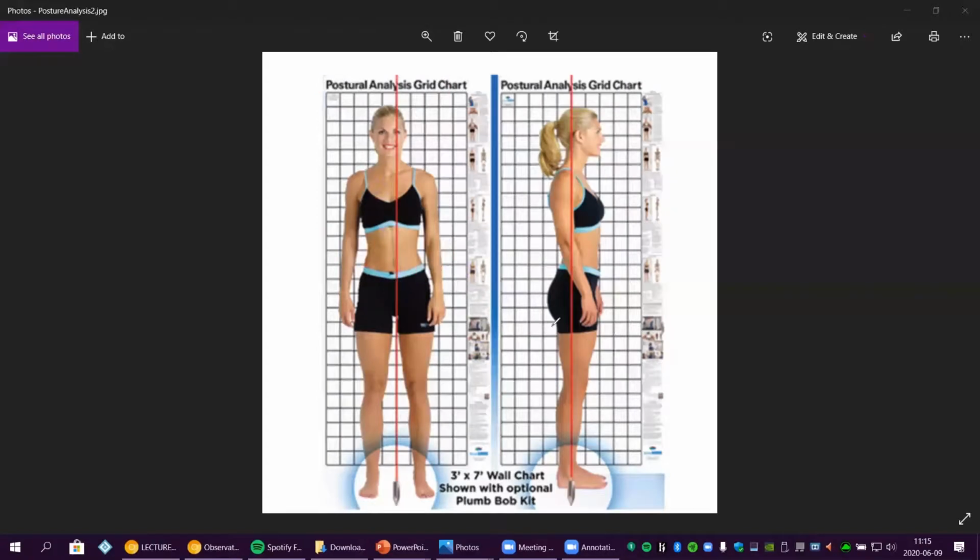So let's come down here. We're going to use her abs and her back, for example. So she's got a curve going like this, right? She's got a hyperlordotic curve, meaning her lordosis of her lumbar spine is great. When you look at that lordotic curve, what muscles are overstretched? If you look at that curve, what muscles?